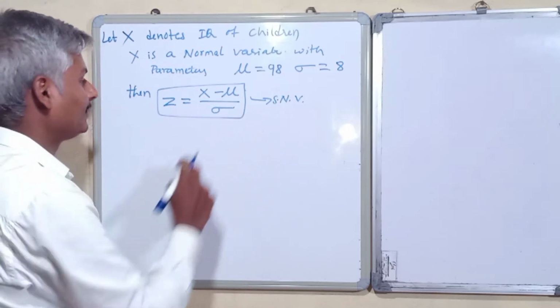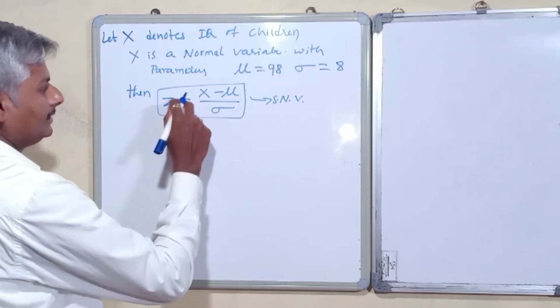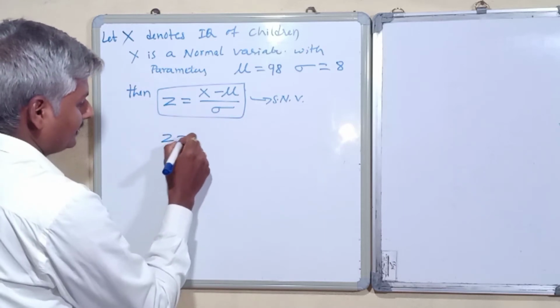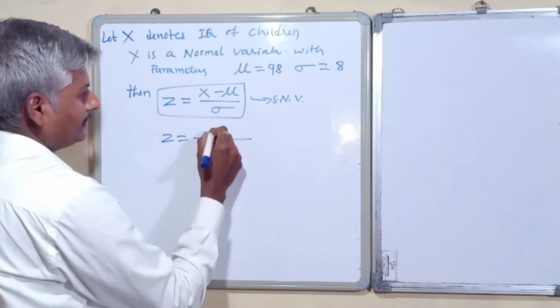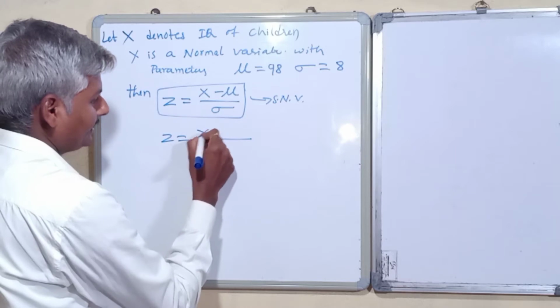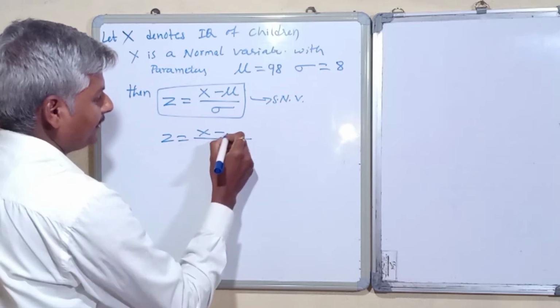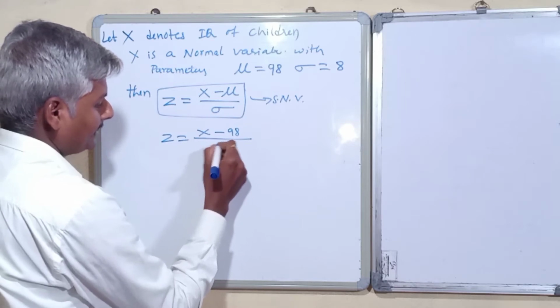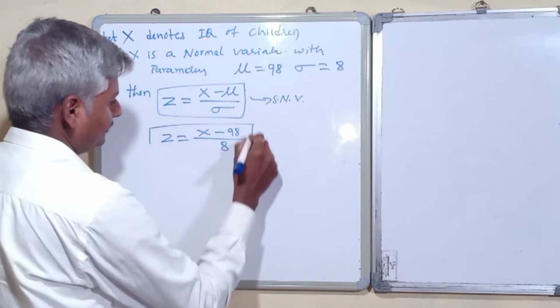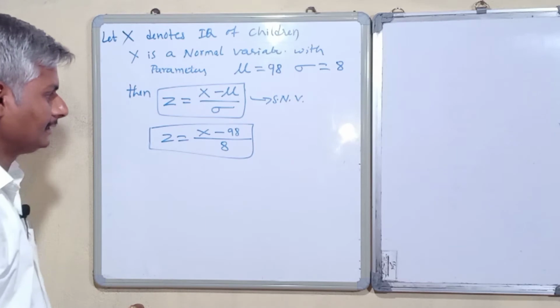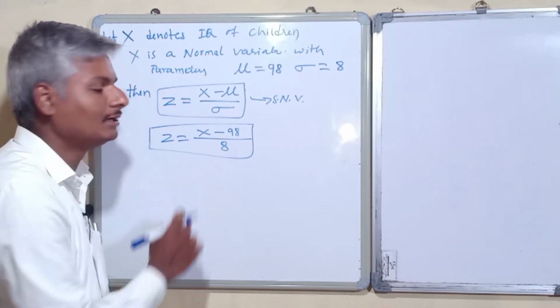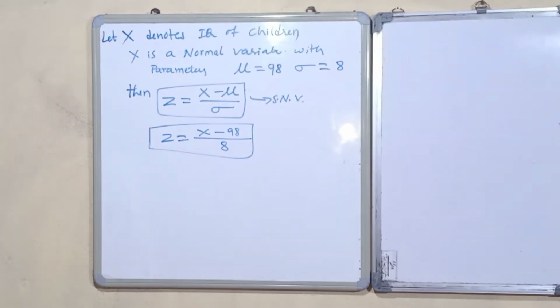If you insert the values of mu and sigma, that is x minus mu, 98, upon sigma, 8, this is the standard normal variate Z, that is the area of the normal distribution. Take a note of this.